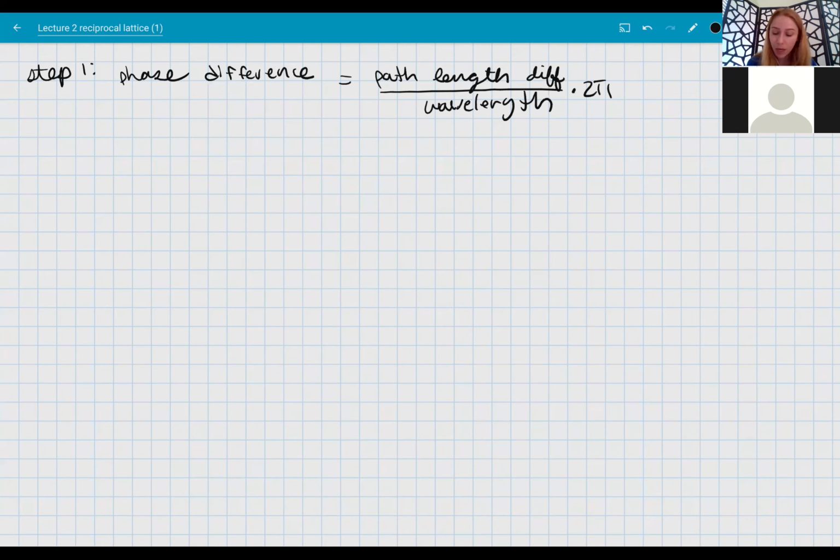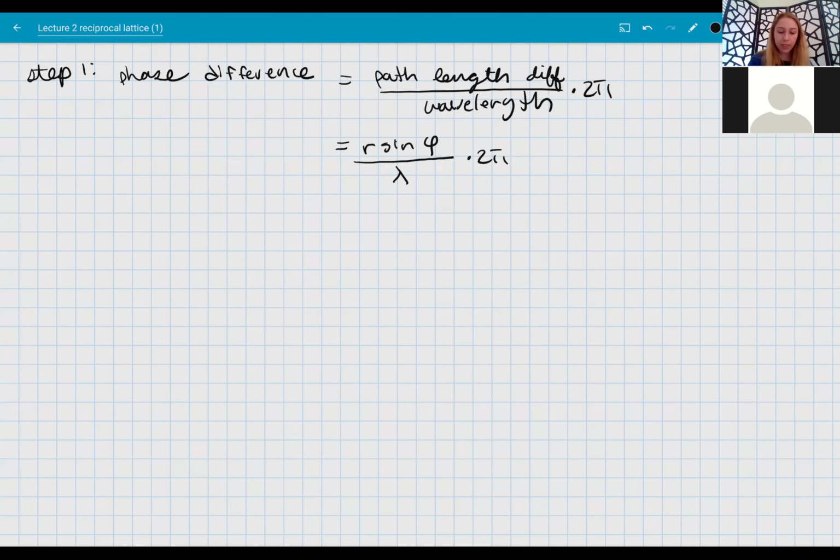Putting this together, we get r sine phi divided by lambda, the wavelength, times 2 pi.